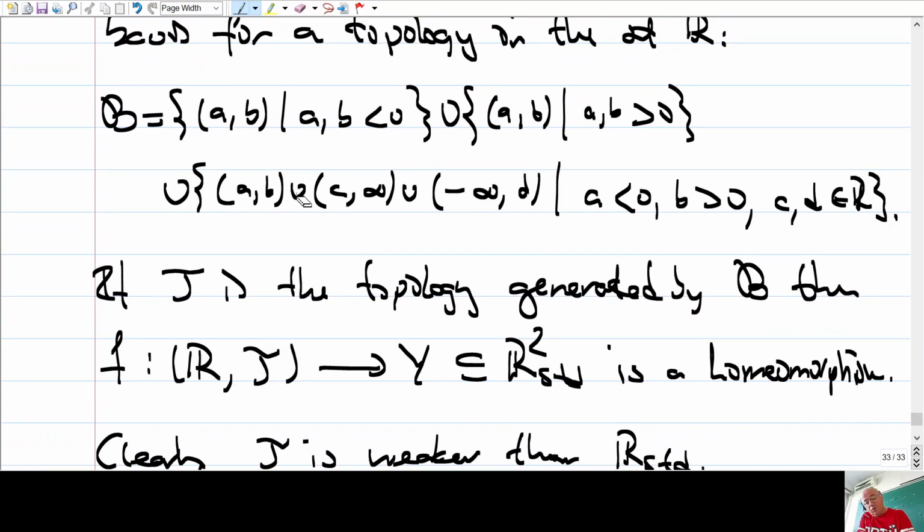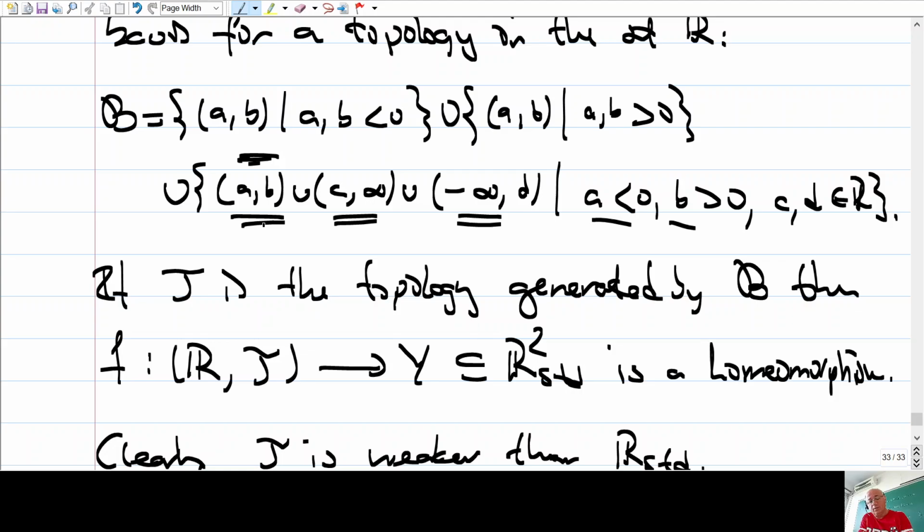Well, no. Here, my basis elements have this form. Of course, they are unions of these intervals, but in my topology, such an interval AB, where A is negative and B is positive, is not considered an open set.